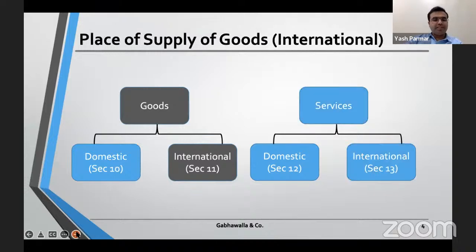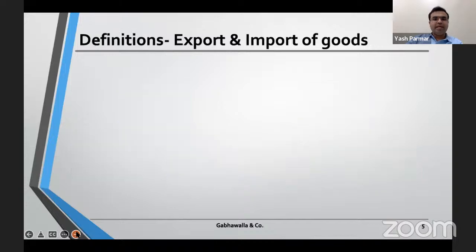We'll first start with Section 11, place of supply for goods, international transactions. Before really going into Section 11, let us quickly touch upon the definition of export and import of goods which are defined in the GST law.